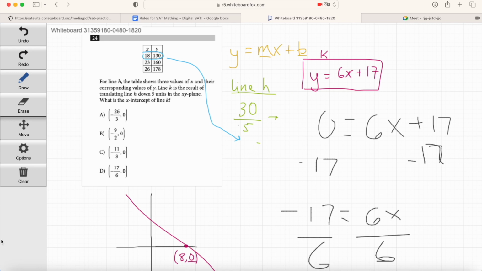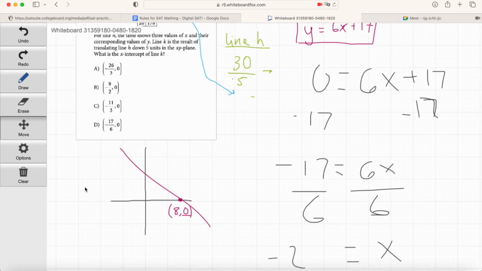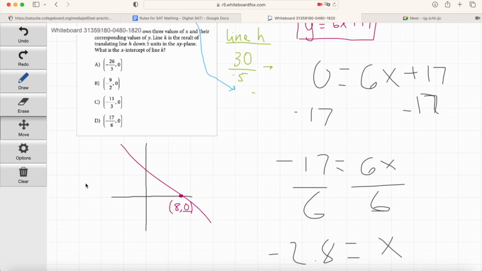And we got it. x equals negative 2.8. You could even just leave it as negative 17 over 6, which I think makes sense because look at the answer choices, right? The x values are all in fraction form. Does that make some sense?